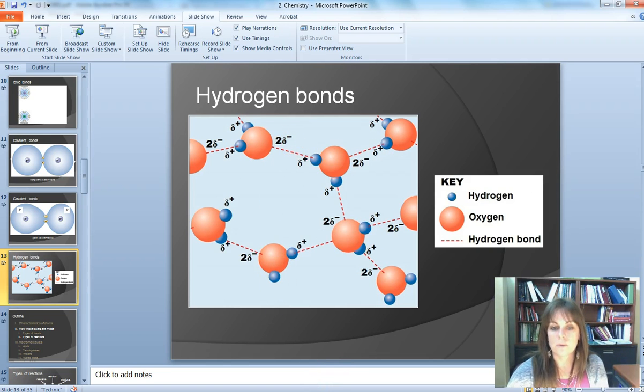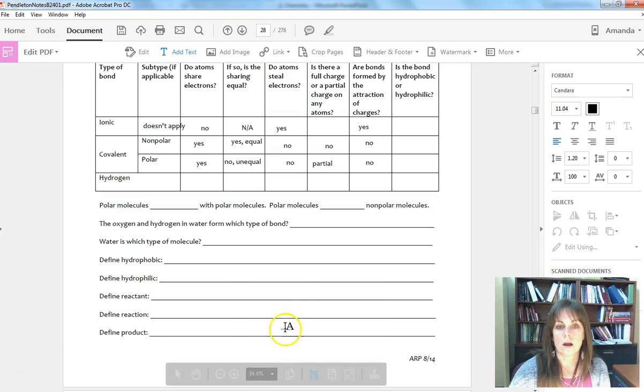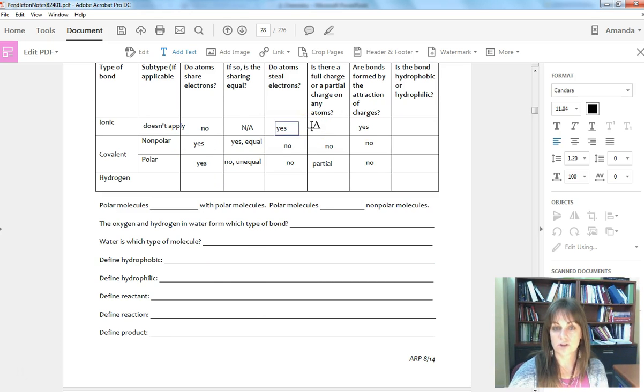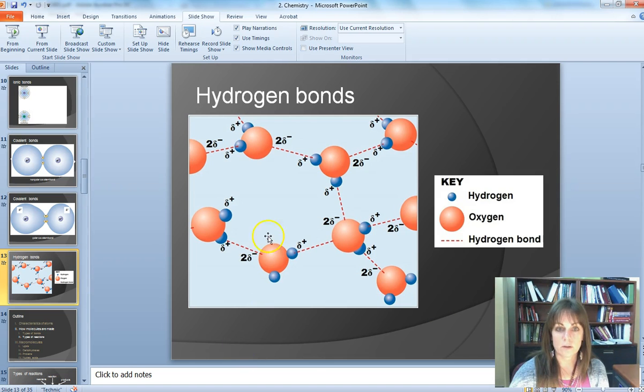Okay, let's go back to our chart here and finish filling it in. Is there a full or a partial charge on the atoms? We never filled this in for ionic bonds, so it is a full charge. Now let's go to hydrogen bonds and look through here. Remember that we said there's no sharing of electrons, no stealing of electrons popping from here over to here.